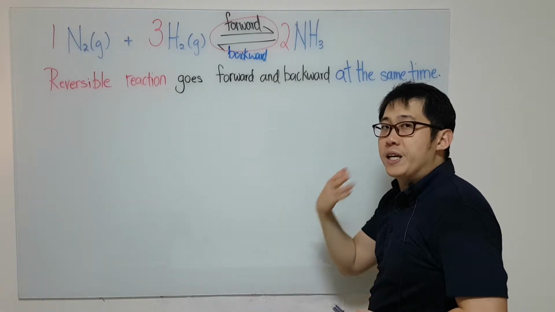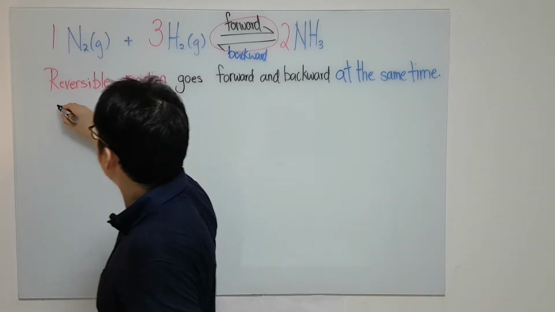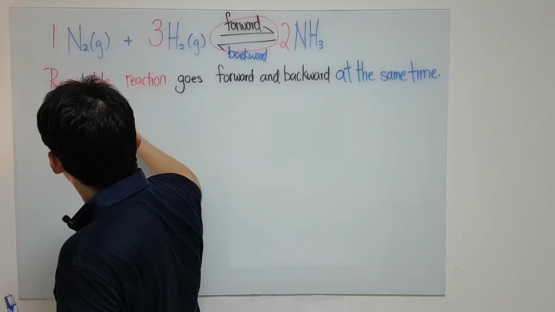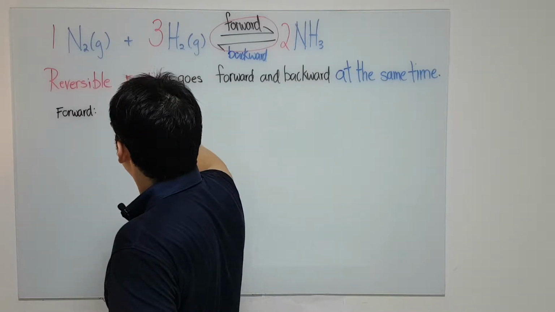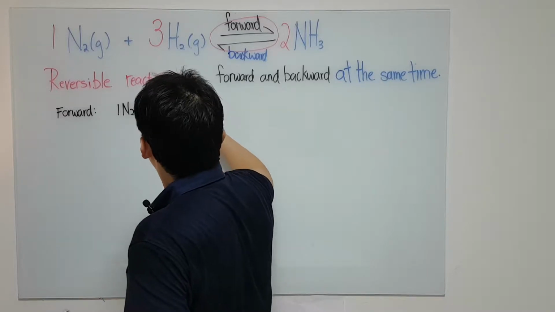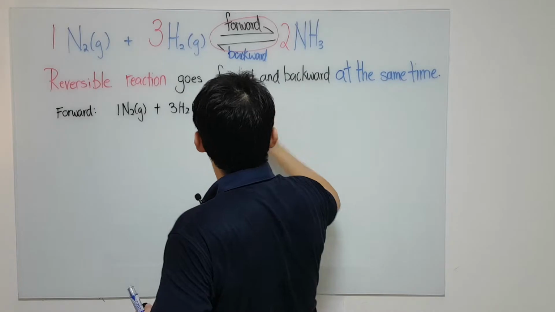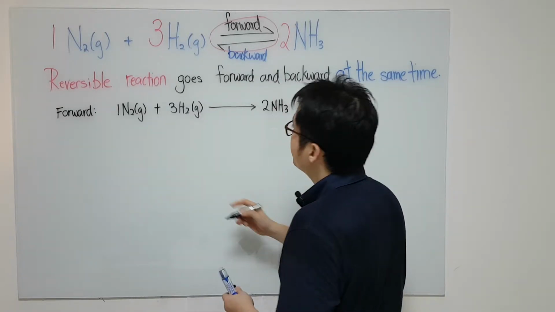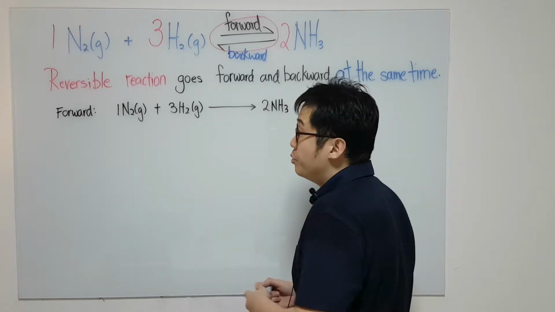Now, which means that if I were to ask you to just write the forward reaction, it will be like this. The forward reaction basically is the reaction of your nitrogen gas with your hydrogen gas to produce, for me, my ammonia. Because now I'm writing the forward only, I'll use a single-headed arrow like what you guys usually do.